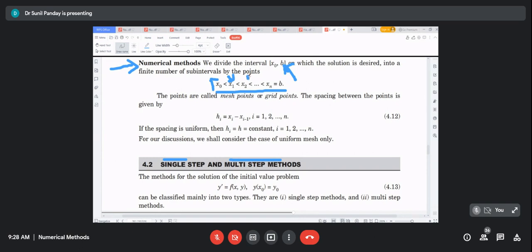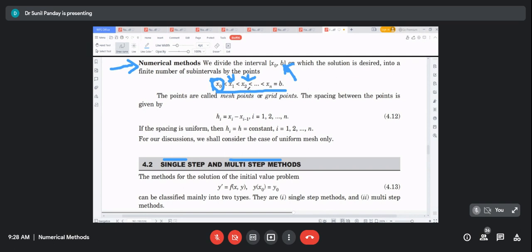Suppose you have to calculate y of x2, and for the calculation of y of x2 you require only y of x1, not the previous x naught value, then such a method is known as a single step method.